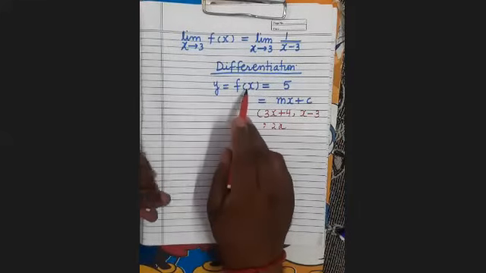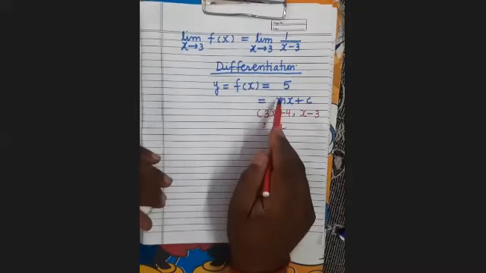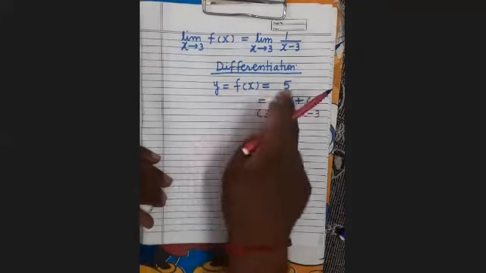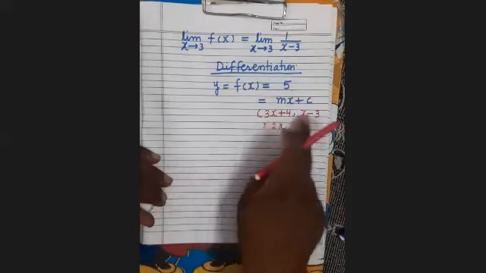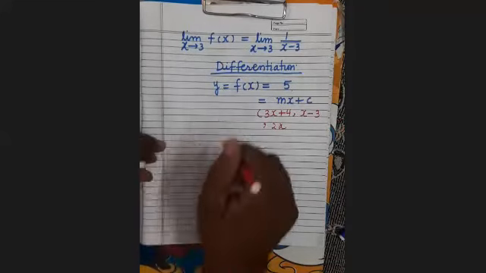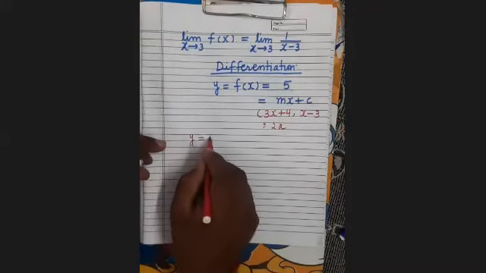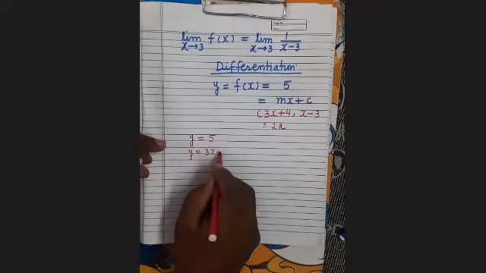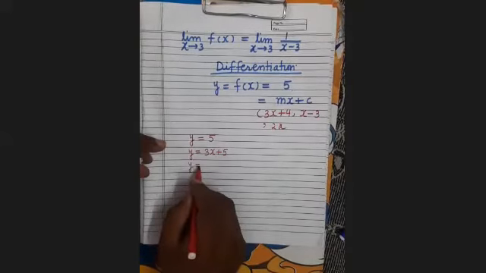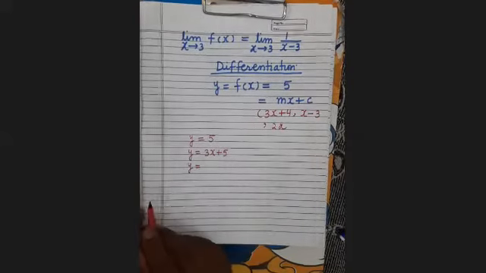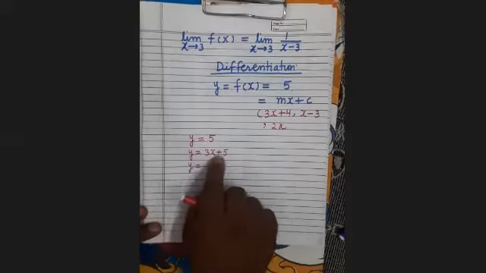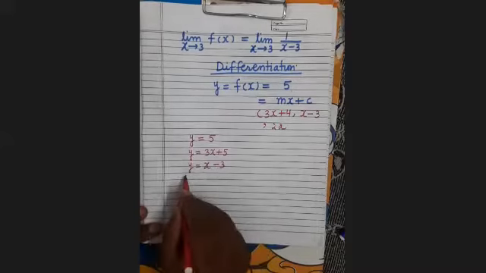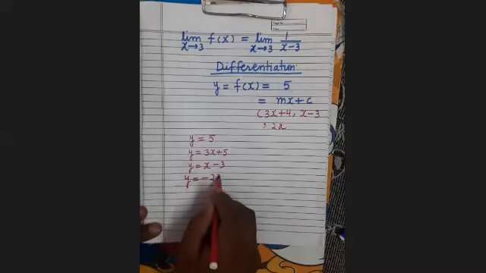Any function of x, what type can it be? It may be of this type, y equals 5, f(x) equals 5. It's clear? I am writing some functions. This is one function, y equals 5, this is another, 3x plus 5, y equals, you can write y as f(x) also, because this is a function of x. x minus 3, y equals minus 2x.